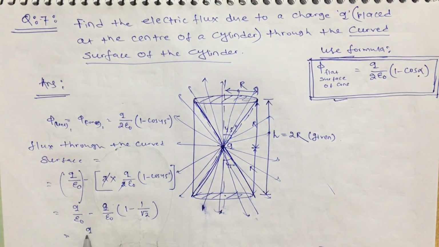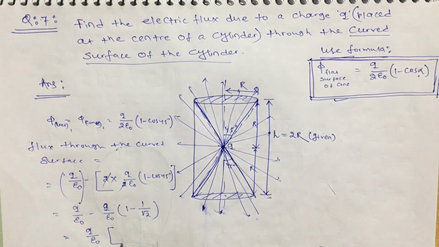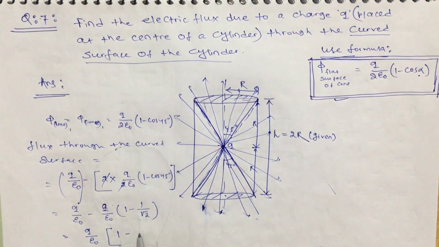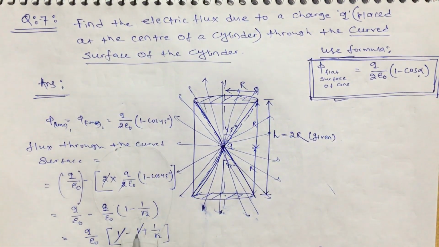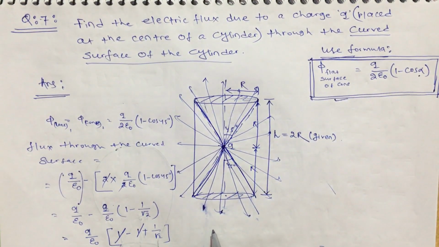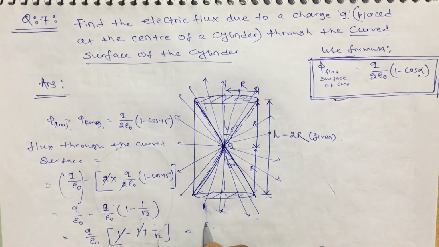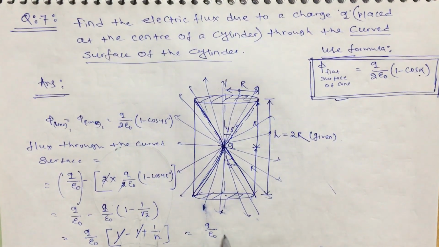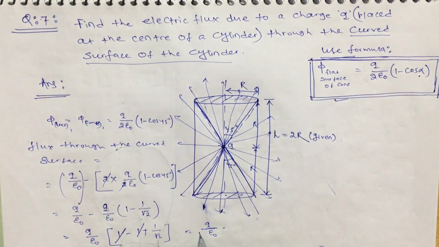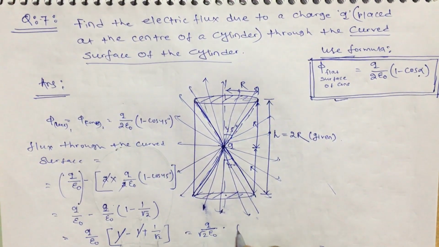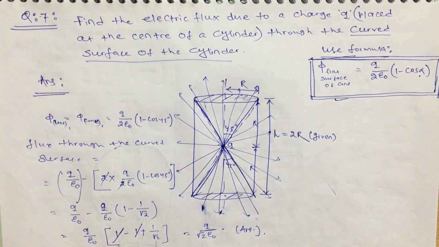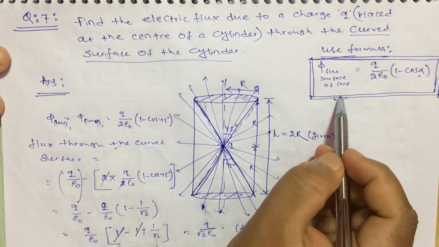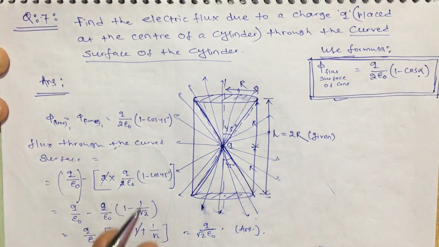If I take Q by epsilon naught as common, it will be 1 minus 1 plus 1 by root 2, and the total flux, or the answer, is going to be Q by root 2 epsilon naught. This is the answer. Is it clear? So this is one application of the result that we got in the last part.